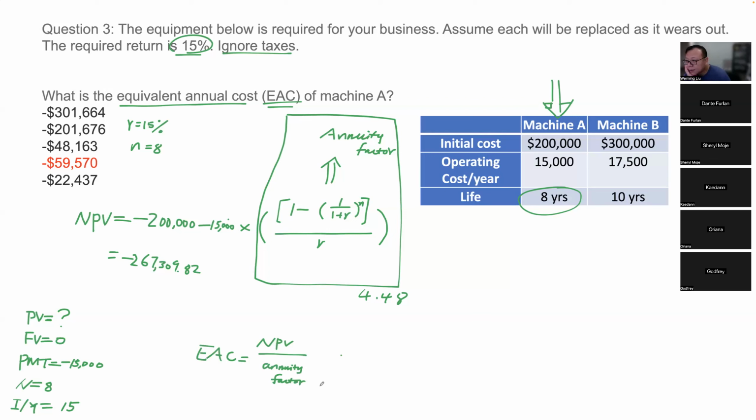What do you get? Anyone? It's just a division. Shouldn't take that long.